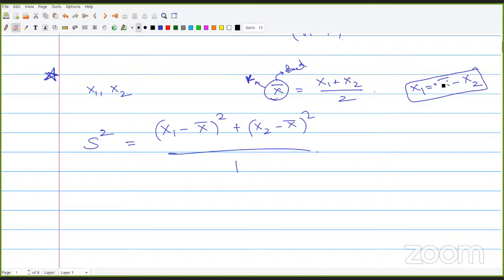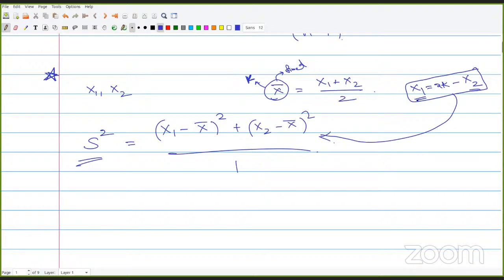So I can write x1 as 2k minus x2. Now if I write x1 in terms of x2 and substitute here, s square depends only on x2.